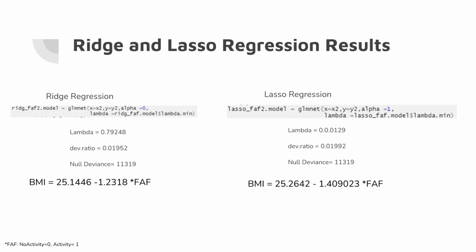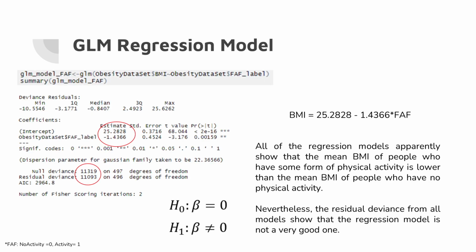Also in this case, the intercept was necessary, as mentioned previously, because it represents the mean of BMI of subjects that have no physical activity, while the sum of the intercept and the beta coefficient show the mean BMI of people who do perform some physical activity.